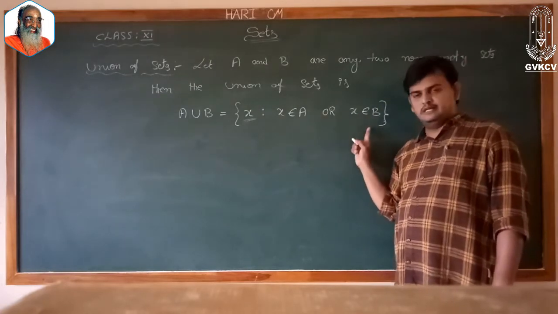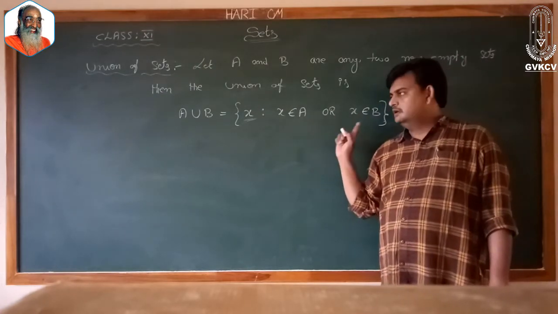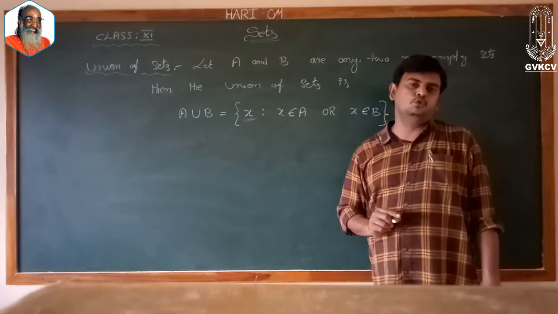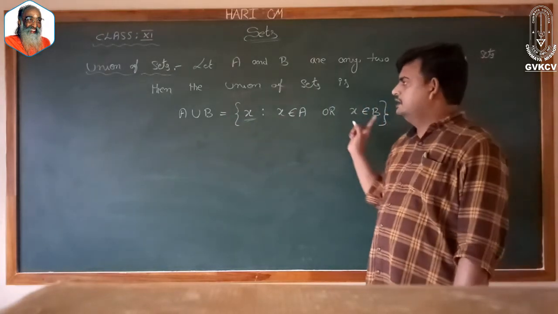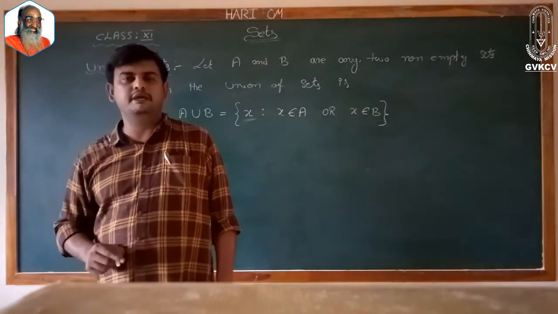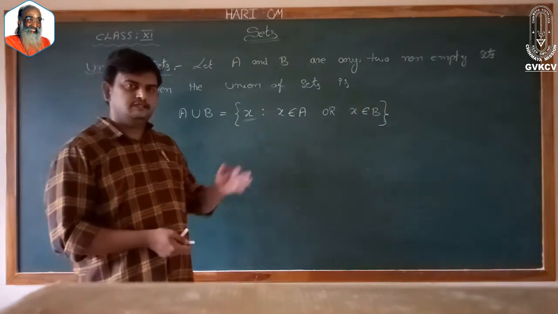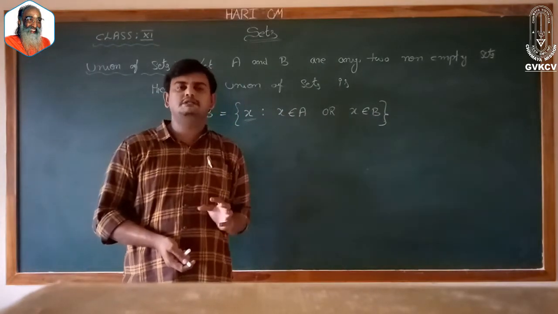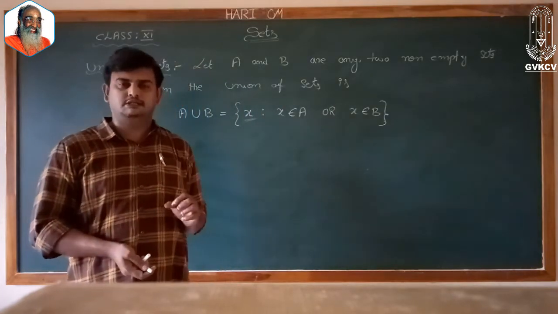In any one set, if the element is there, that element automatically comes into A union B. So X may be in set A or X may be in set B. It is not compulsory that it has to be in both the sets.